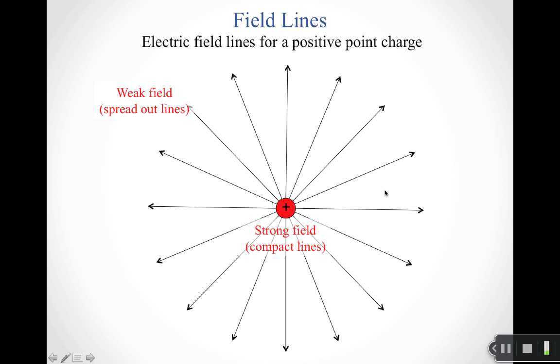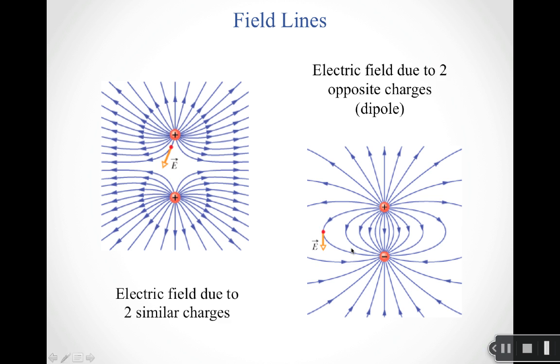And then I'm getting into a region where the strength of that electric field is weaker than it was when you were in closer to the charge. So for some particular point P that doesn't lie exactly along a field line, we may have to interpret what's going on from the field lines around that point. So this is the representation that we'll often use to show the electric field.